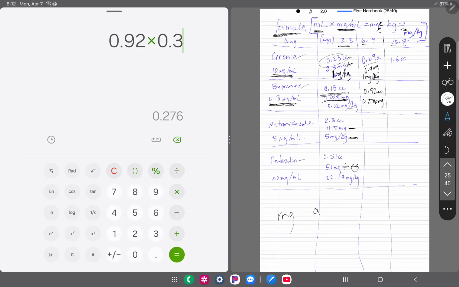And then if I take that mg divided by kilograms, I should get mg per kg. So I take this number divided by the 6.9 kilograms, and I get 0.04 mg per kg.